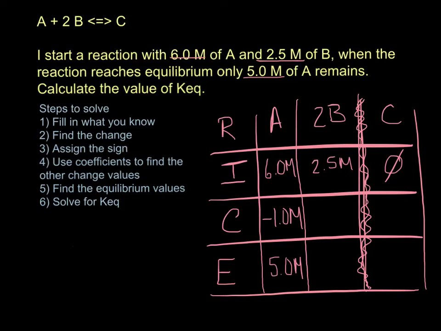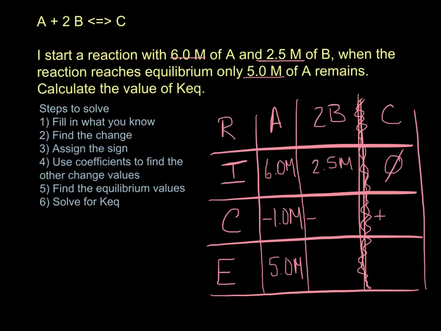Okay? So we know that since there's no C in this reaction initially, then our reaction has to proceed so that C gets made. So we know that A and B are going to decrease, so we can fill in the negative signs there, and that the C value has got to increase because you can't have less than 0 of a substance, so that has to go up.